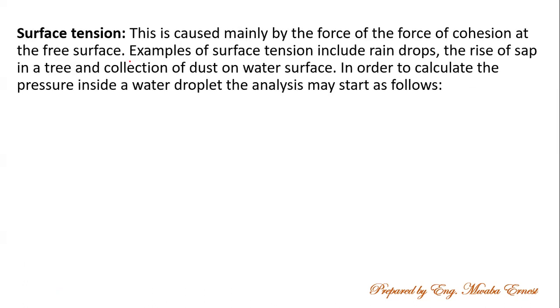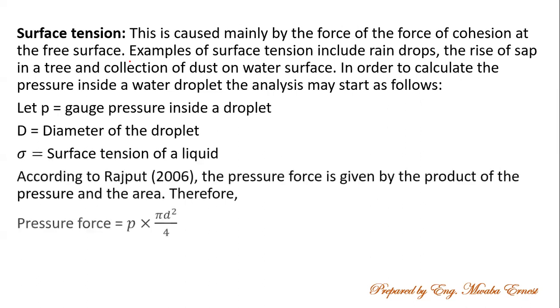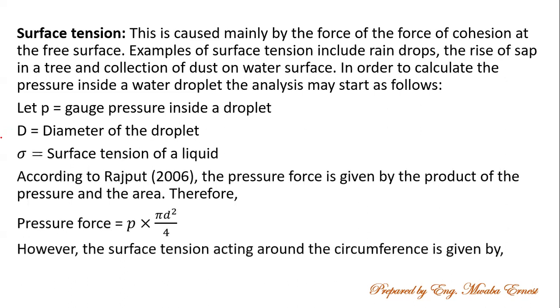Then surface tension, we simply said this is caused mainly by cohesion on the free surface. That's what happens there. And when we refer to it, we have already said the pressure force is P times pi d squared over 4.